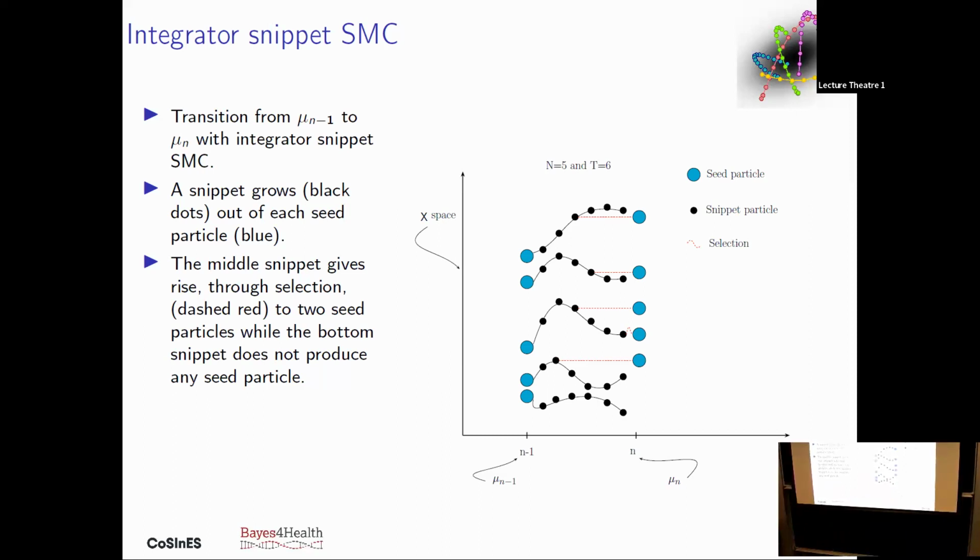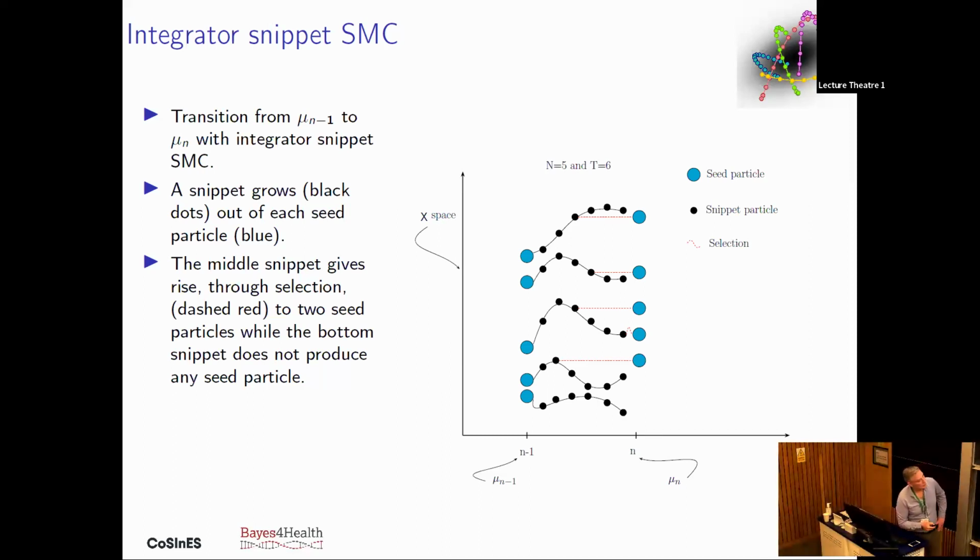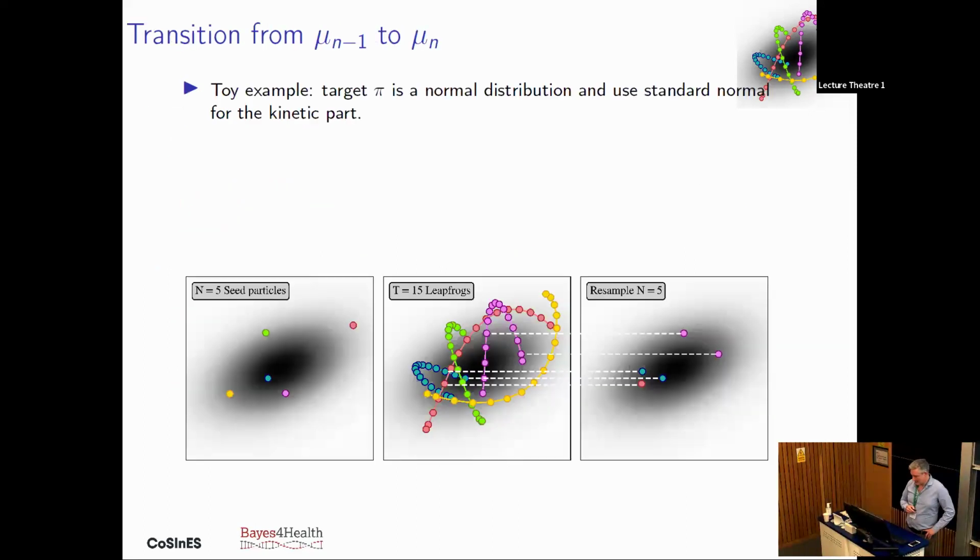So you see that this snippet doesn't have any children, whereas there's a snippet that has two. This one, it's not very visible, but it has two children. So that's the main idea of integrator snippets SMC.